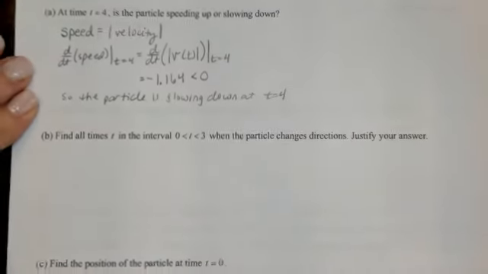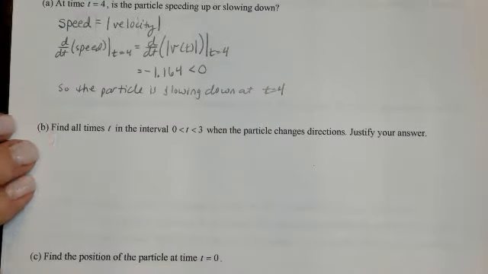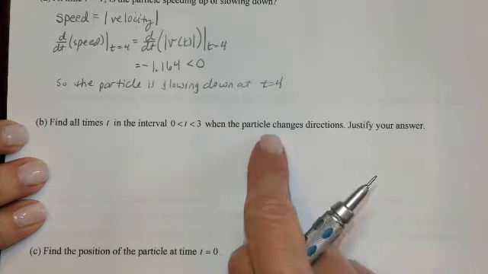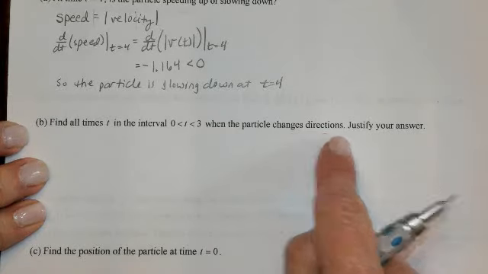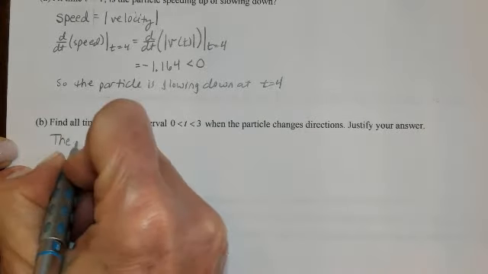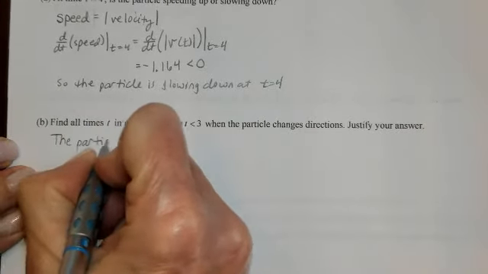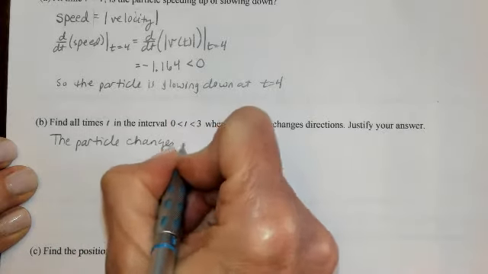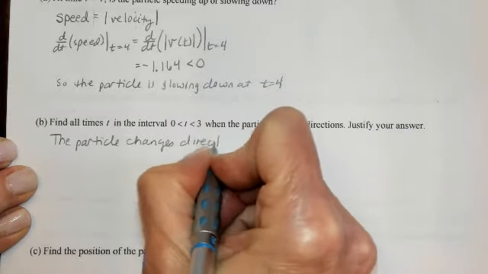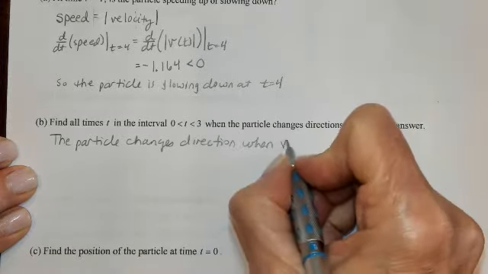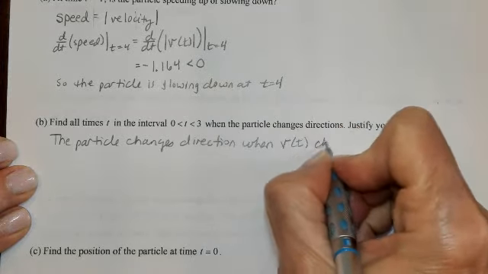Okay. Part B. Find all the times in the interval from 0 to 3 when the particle changes direction and justify your answer. Well, the particle changes direction when the velocity changes sign.